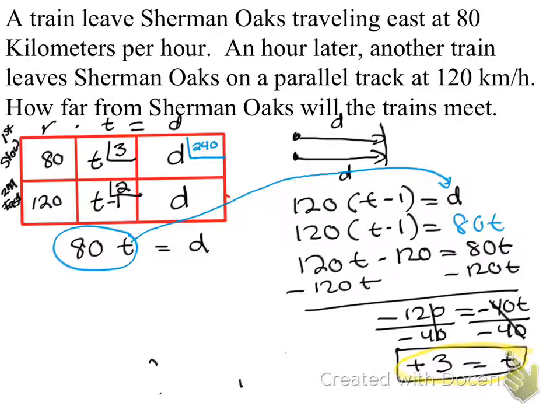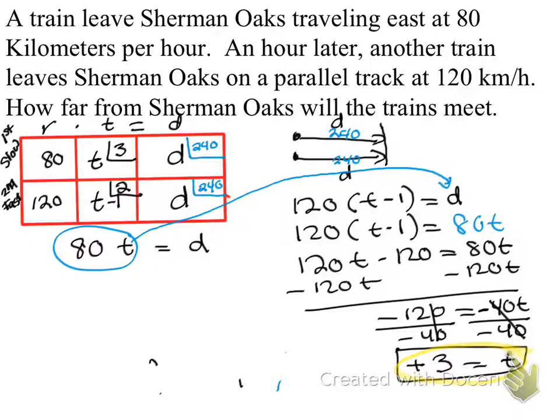And what else? 120 times 2? 240. I'm just multiplying across once I know that. And the distance should be the same. Does that make sense, guys? Do you understand how sometimes we find a variable and it just helps us to find the answer? It's not the actual answer.